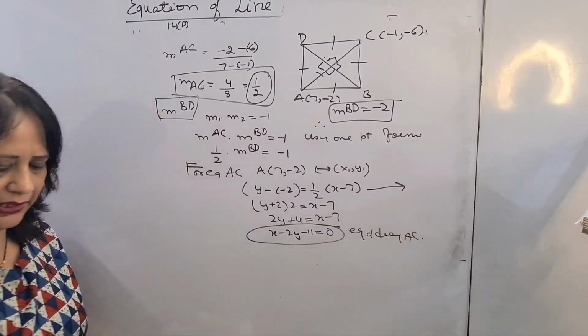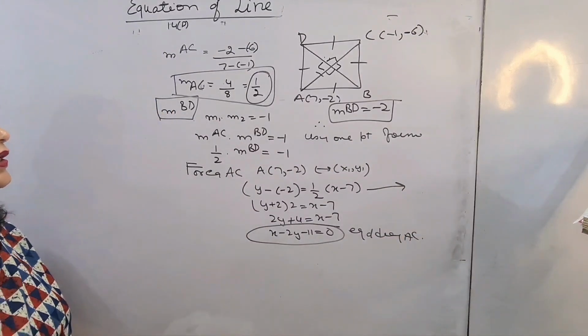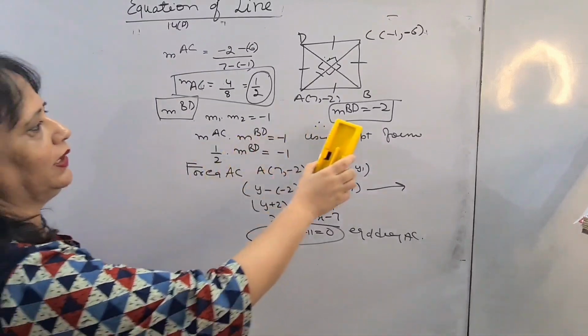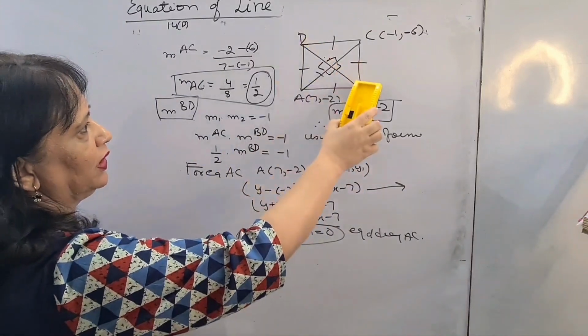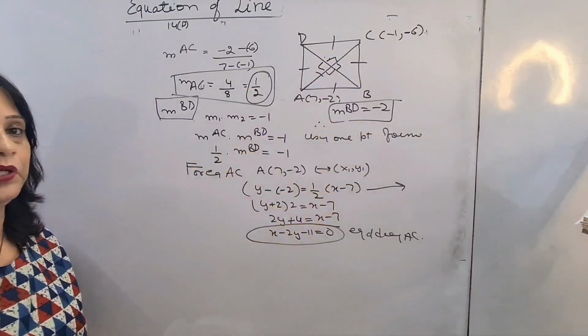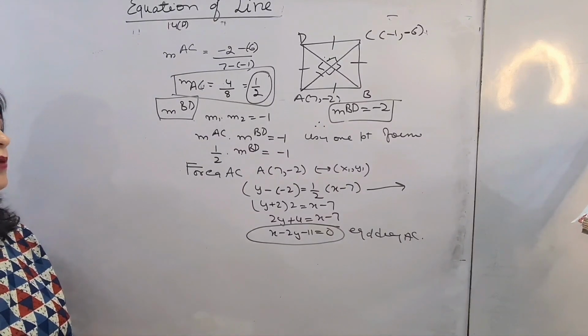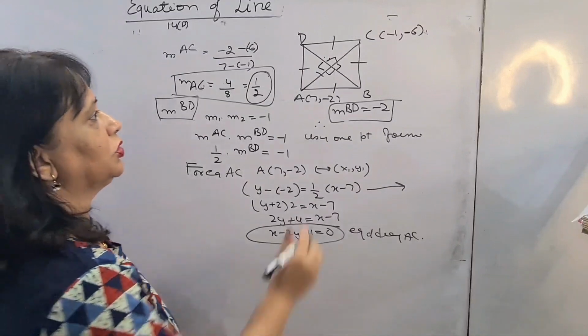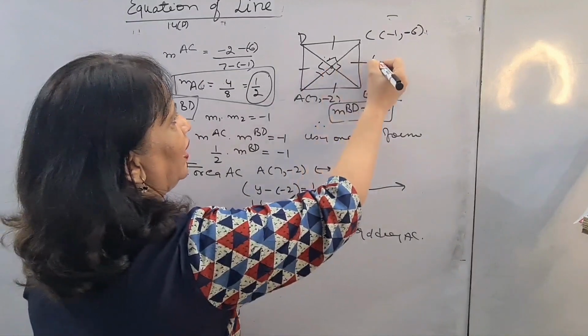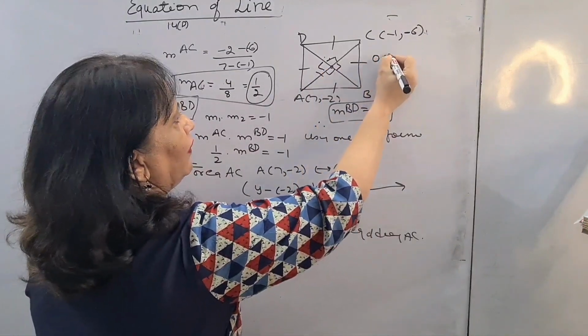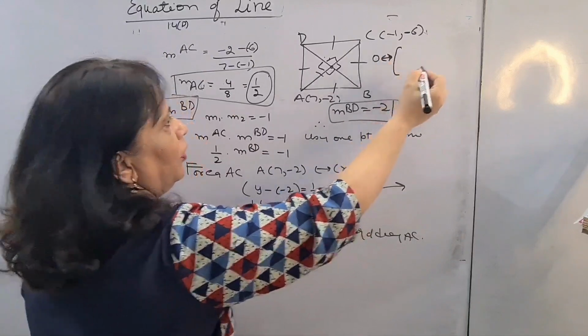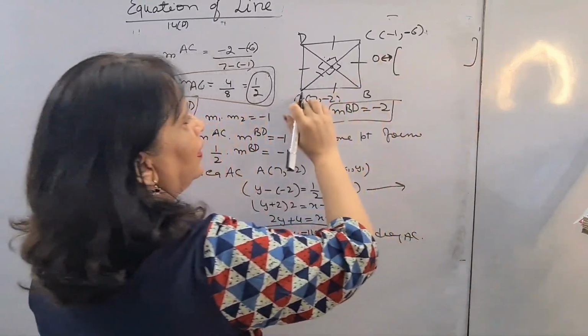So this is your equation of diagonal AC. Now, the problem is with diagonal BD. Why? Because I have the slope of diagonal BD, but I don't have any point on diagonal BD. But I have told you that O is the midpoint and the common point of AC and BD. So I will find O with the help of the midpoint formula.